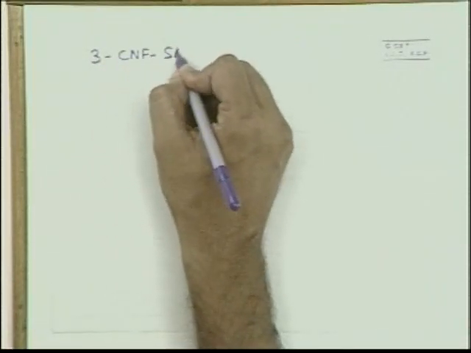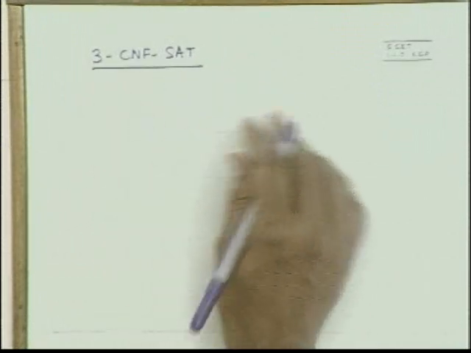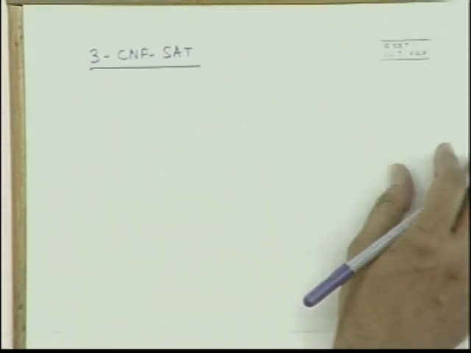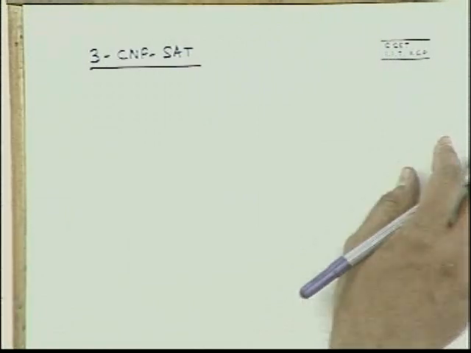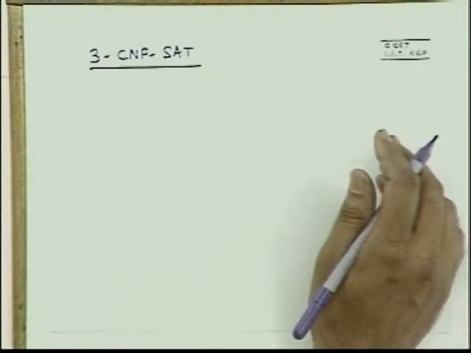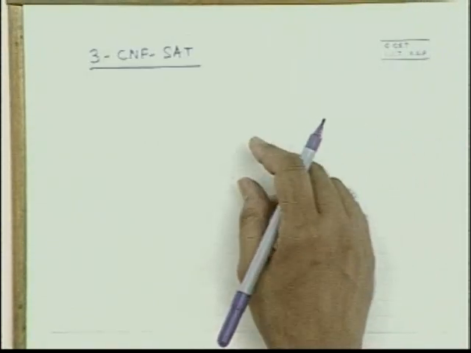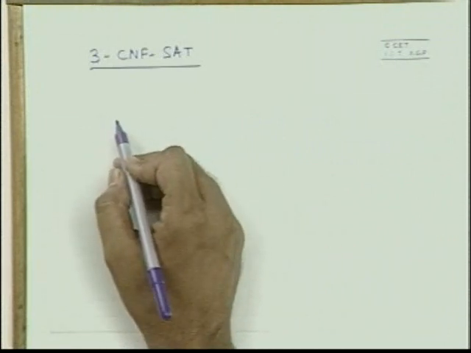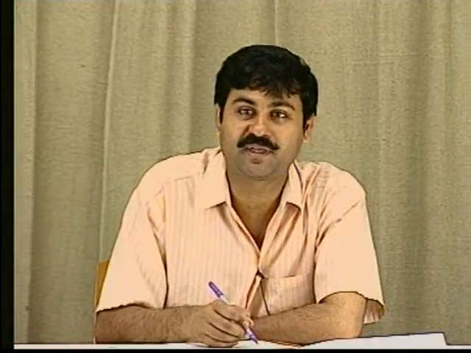This is also very well known, that's why I am trying to tell you about this. What is this 3CNF SAT? Every Boolean formula which is included in the SAT problem can also be expressed by some transformations in a very particular form, a canonical form. What is that canonical form?